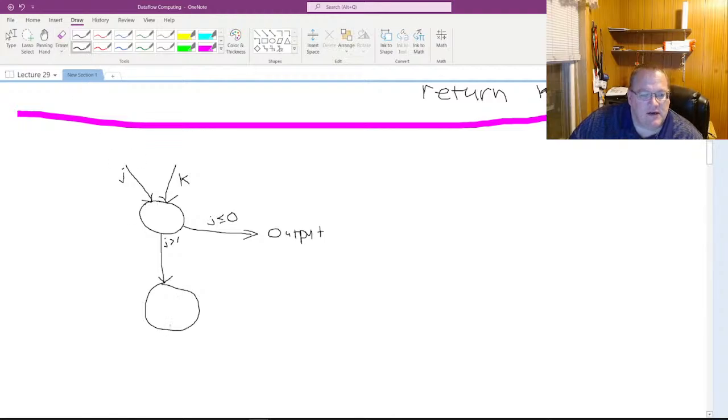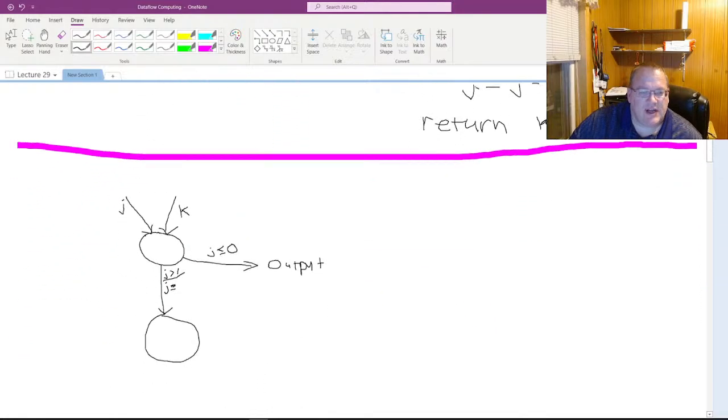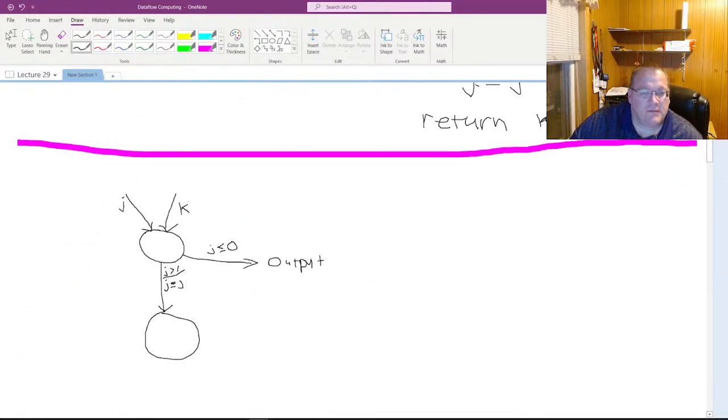Okay, so then down here, so this is the condition in order to go this direction, but what are the values of j and k? Because we're going to do some work, right? So we're going to say j equals, although we wouldn't do it this way, let's go back to our algorithm here, j equals j minus 1.